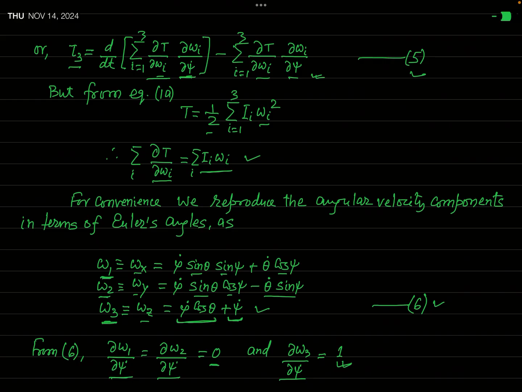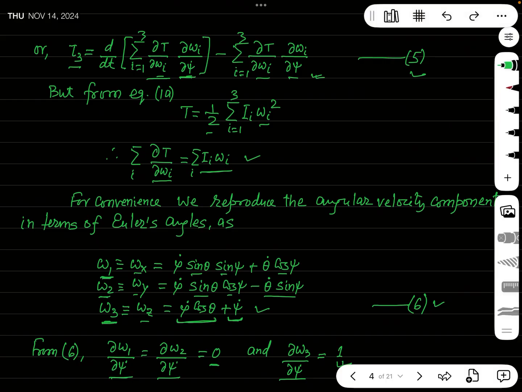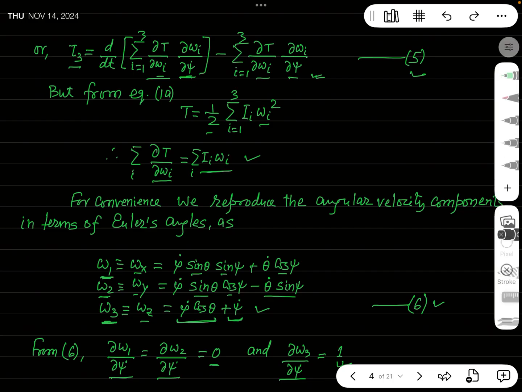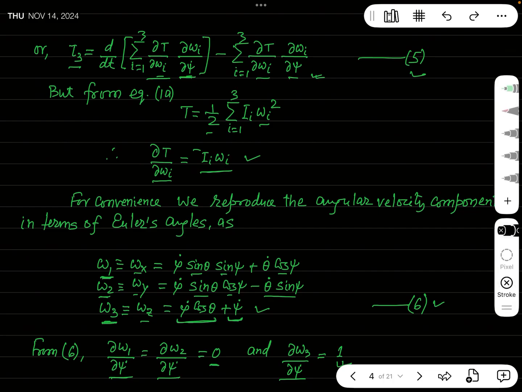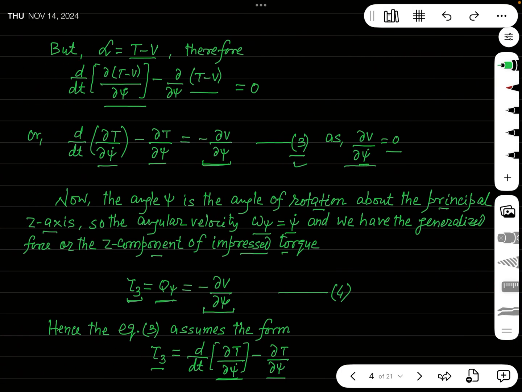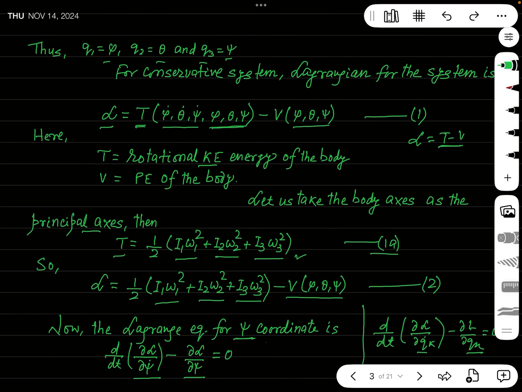If you omit the sign of summation, you can easily understand it. For del T by del omega 3, you take I equal to 3. So that will be I3 omega 3. Or you can also see this expression, which is not in summation form.